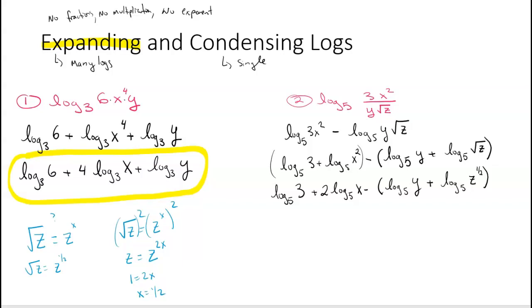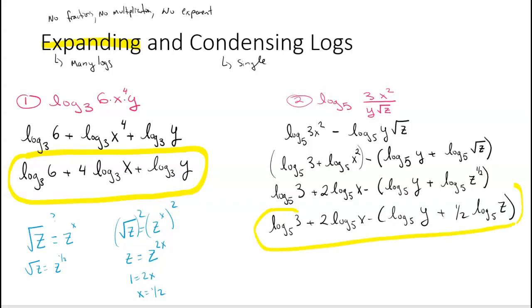So I'm going to go ahead and bring that down. So again, nothing to be done with the first, second, or third log, but my last log, I'm going to bring down the 1/2, log base 5 of z. So this is a perfectly acceptable answer that I'm circling.